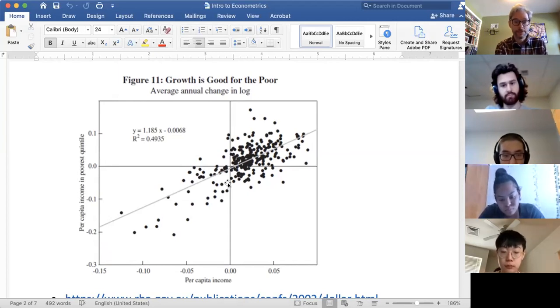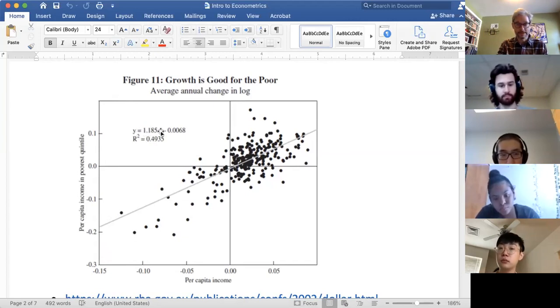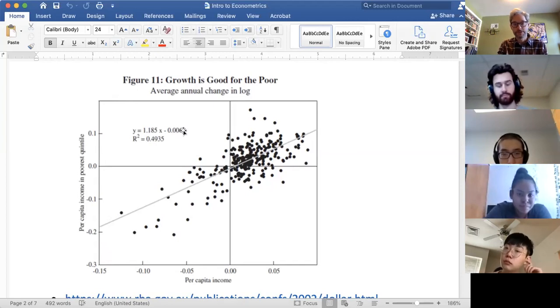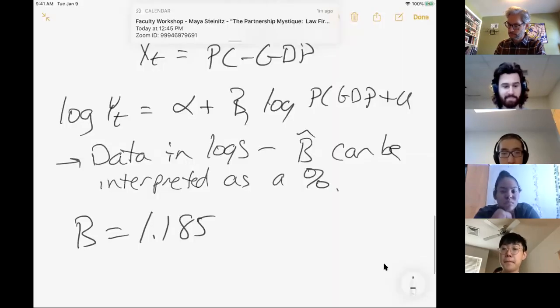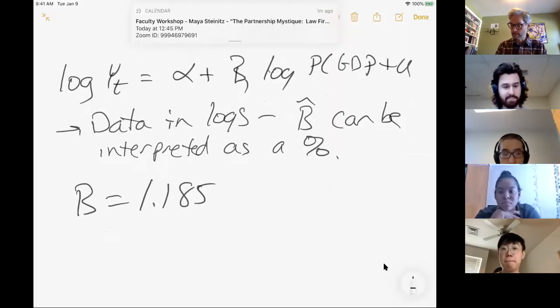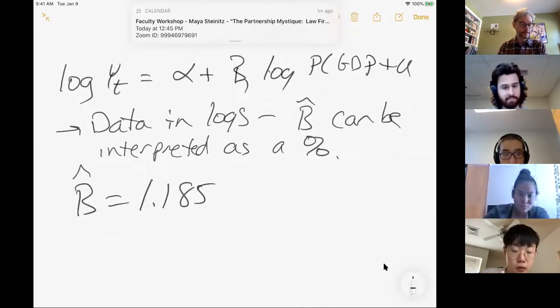In fact, if you look at the data here, what do they actually find? They have this reported in a weird way. They have Y equal to 1.185 times X minus 0.0068. So that minus is the constant, and beta is 1.185. Okay, so how do we interpret that? Beta here, we're going to call this beta hat, meaning our estimate, is 1.185. What does that mean?